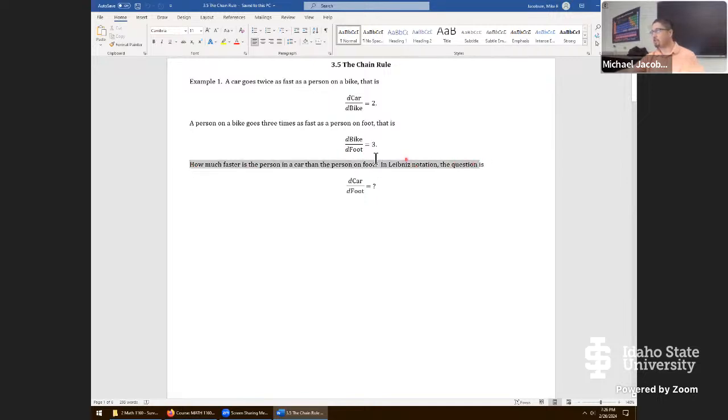And here's the overall question. How much faster is the person in the car than the person on foot, given the information above? The question in Leibniz notation would be this. How much faster is the person in the car with respect to the person on foot? Any volunteers for what the number should be, just intuitively thinking about it?